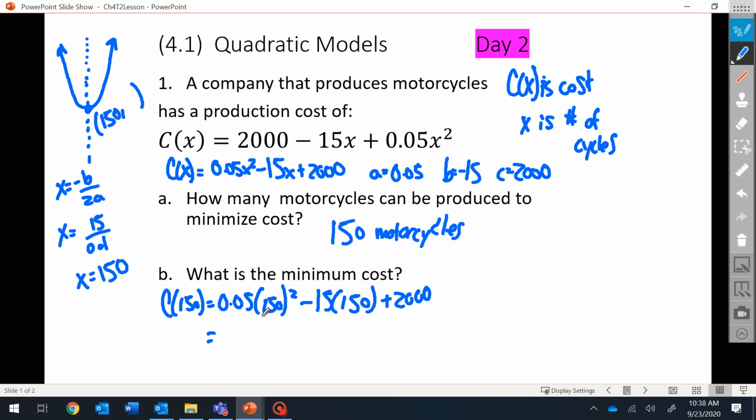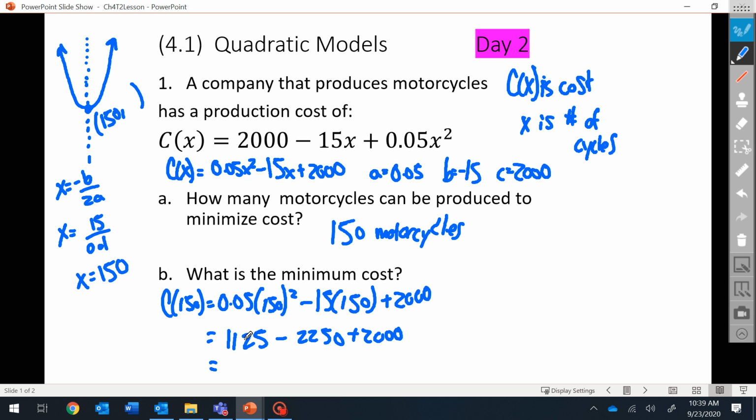So 150 squared is 22,500 times 0.05, that's 1125, minus 15 times 150, so 2250, plus 2,000.